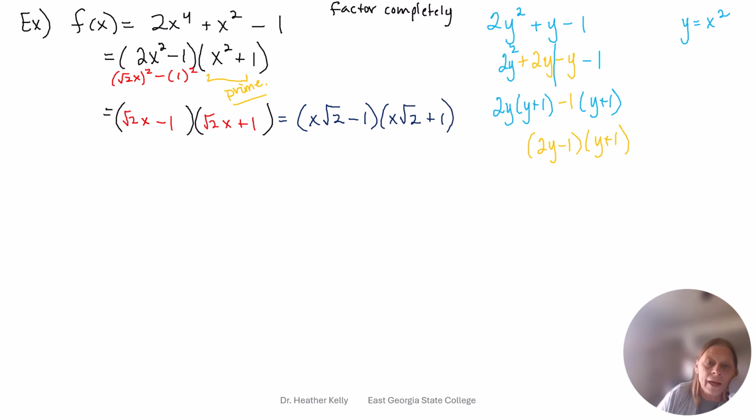We write that square root, that radical, at the end so that there is no ambiguity on whether the variable is under the radical or outside of the radical. All right, so I just want to make sure that you understand that. So factored completely this is x square root of 2 minus 1, x square root of 2 plus 1, and x squared plus 1.